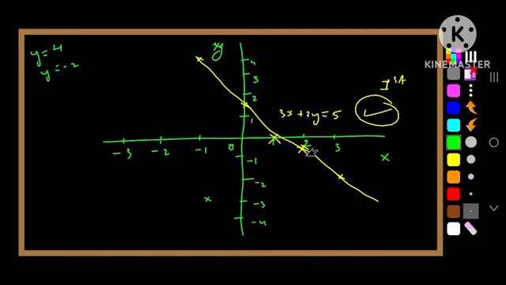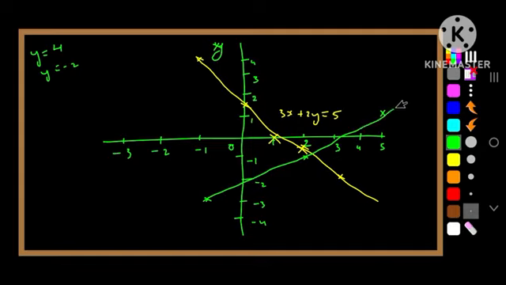So for 2, minus 1 I am getting here. Similarly for 5, that is x is 5, I'll take 4 as well as 5. When I am taking x is 5, I am getting the value of 1. So I'll take the value here, 1. So now I am going to join this line.